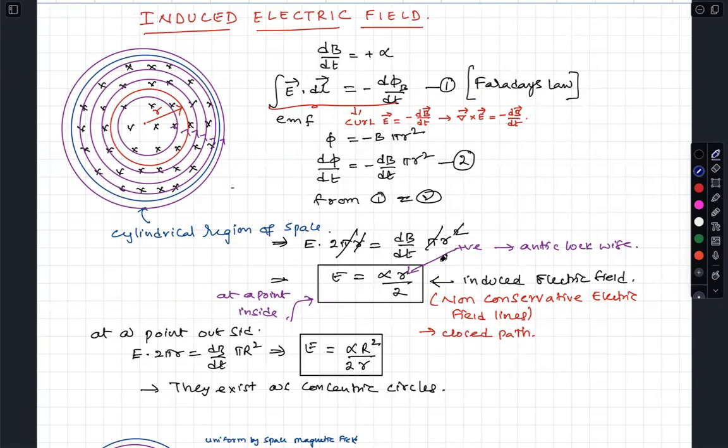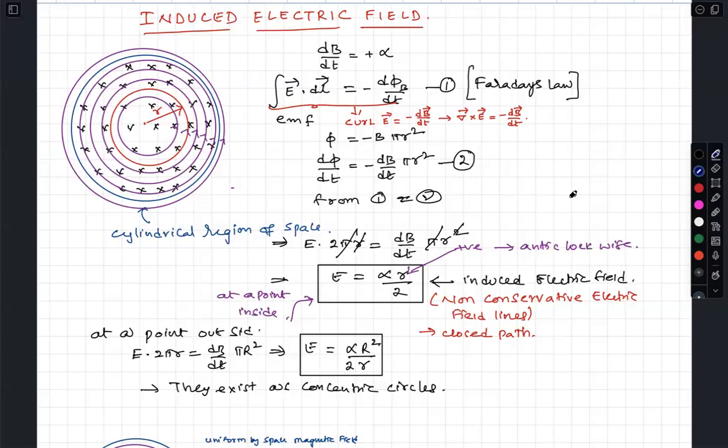First way, motional EMF, purely translational. The second way, rotational EMF. Now the third way, the coil is fixed and the flux linked with the coil changes with time.